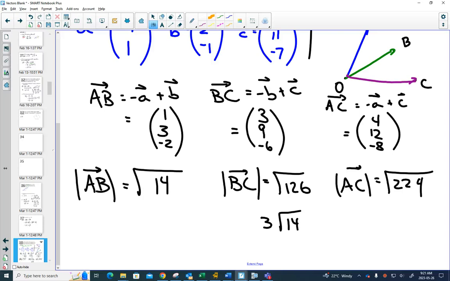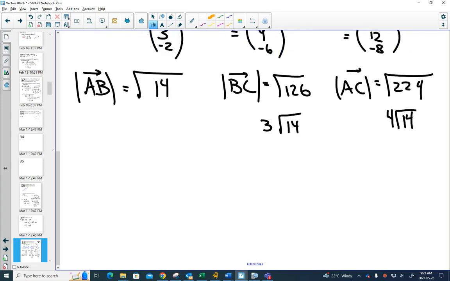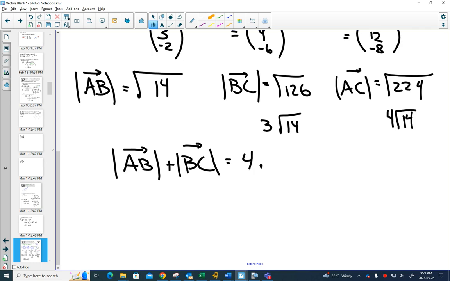And how many 14s in 224? 16 of them. Square root of 16 is 4, so this becomes 4 root 14. The length of AB plus the length of BC is equal to 4 root 14, which equals the length of AC.